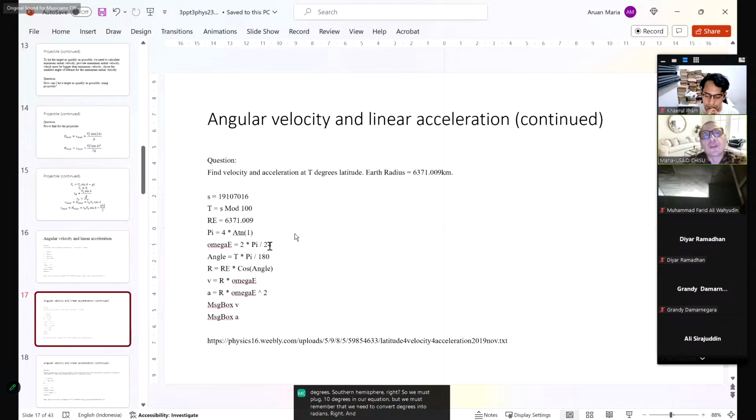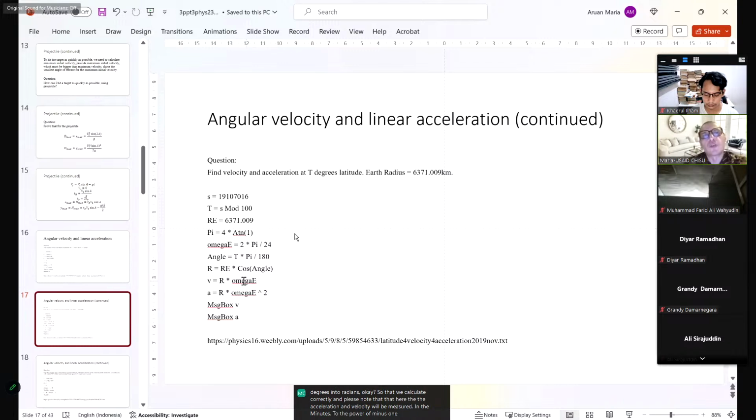And as you can see, we could convert degrees into radians, okay, so that we calculate correctly. And please note that here the acceleration and velocity will be measured in hours to the power of -1.